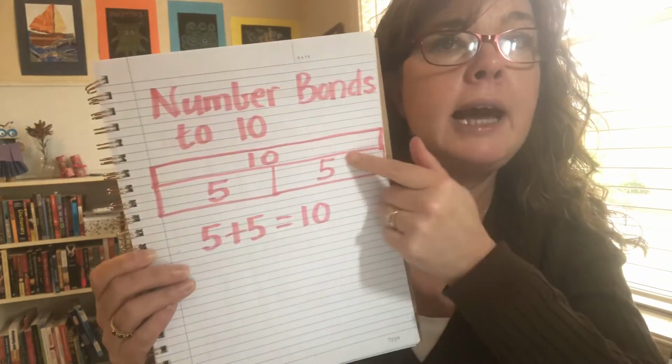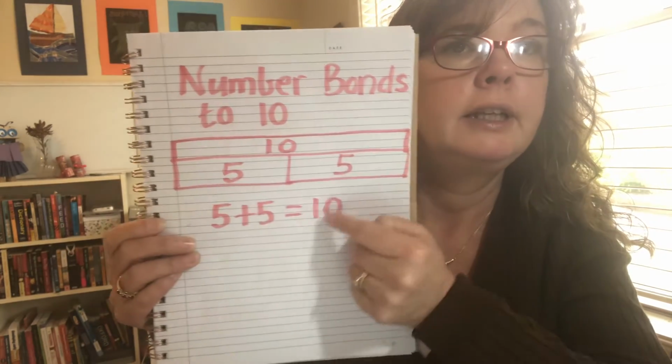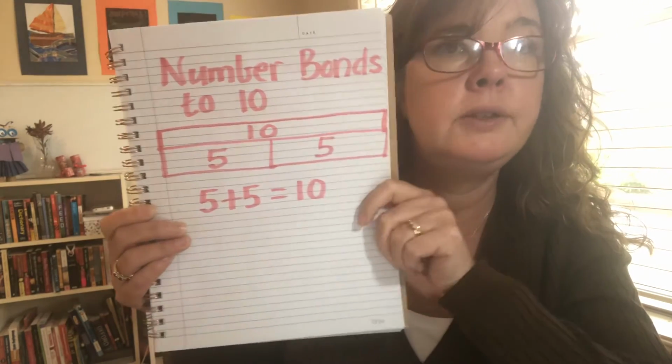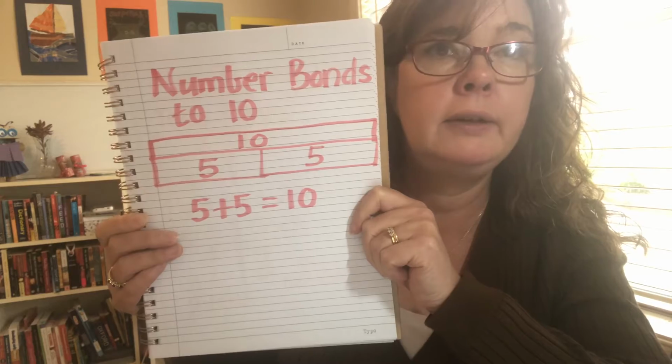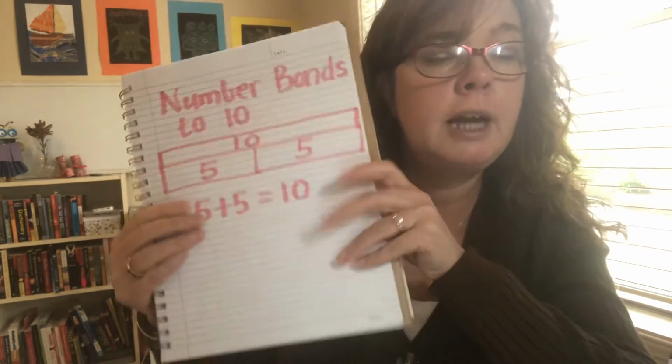So it needs to add up to 10. So 5 plus 5, that equals 10. And you might have a 2 in there. So 2 plus what would equal 10? Or 3 plus what? So that's that activity for number bonds.